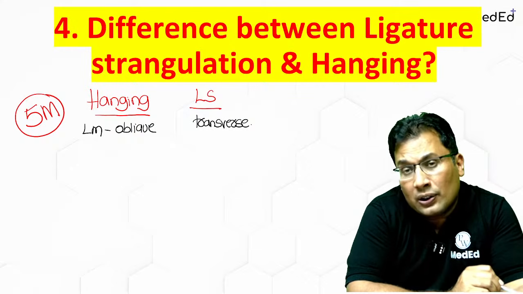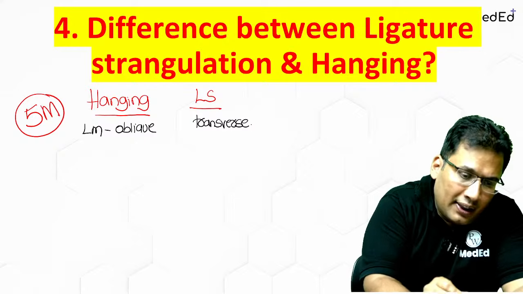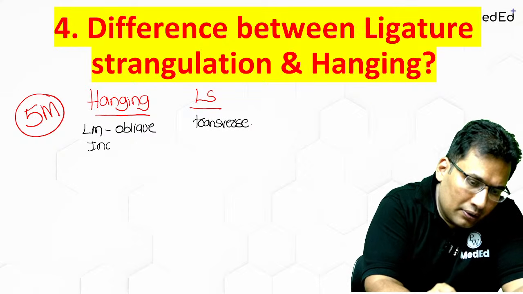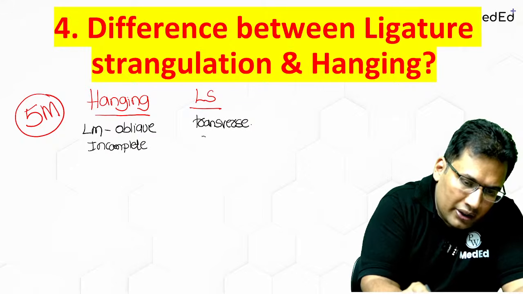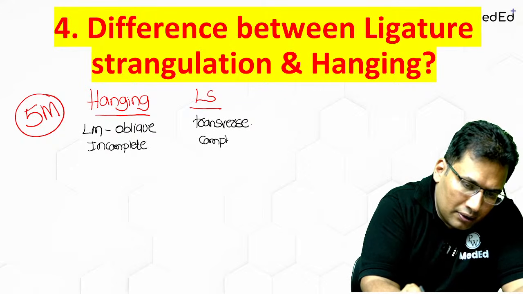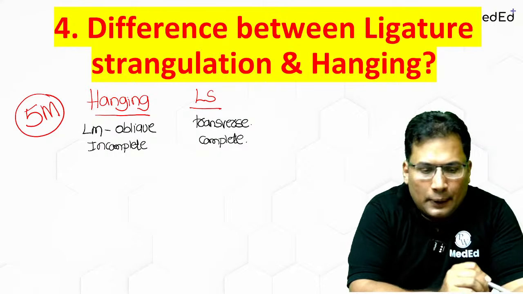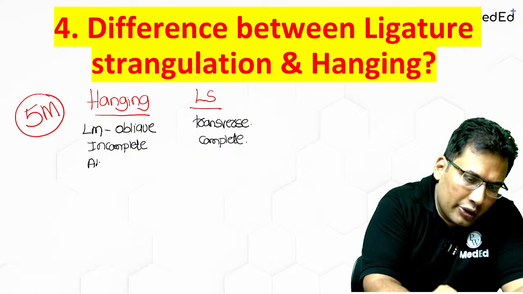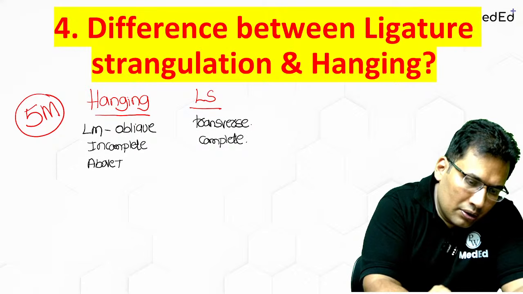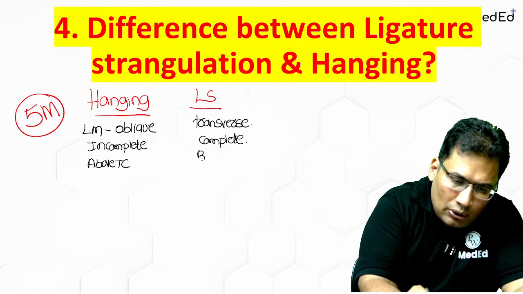Second point, in case of hanging, the ligature mark is incomplete. Here it is complete. Then it is above the thyroid cartilage in hanging. It is below the thyroid cartilage in ligature strangulation.